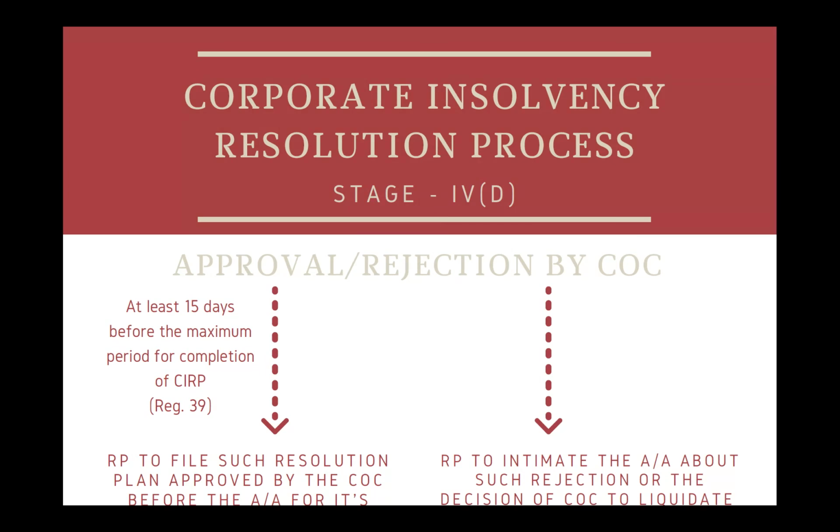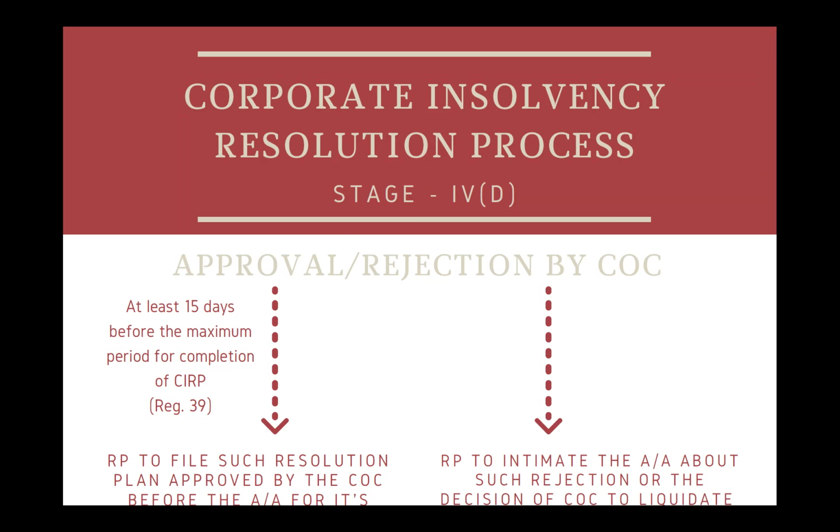Second, whether the operational creditor debts have been addressed in the fashion mandated under this code. Third, whether the management of the affairs is being taken over by the corporate debtor after approval. Fourth, whether the resolution plan talks about the implementation and supervision of the plan.